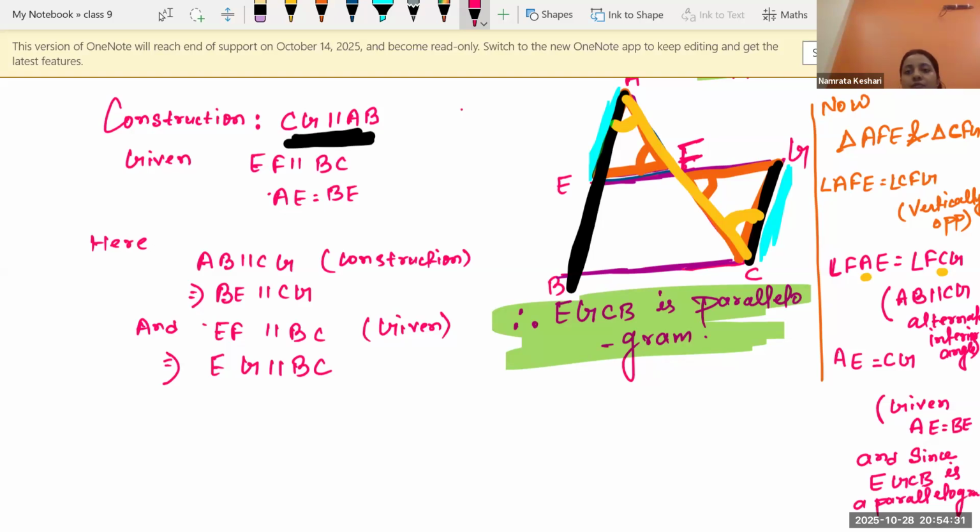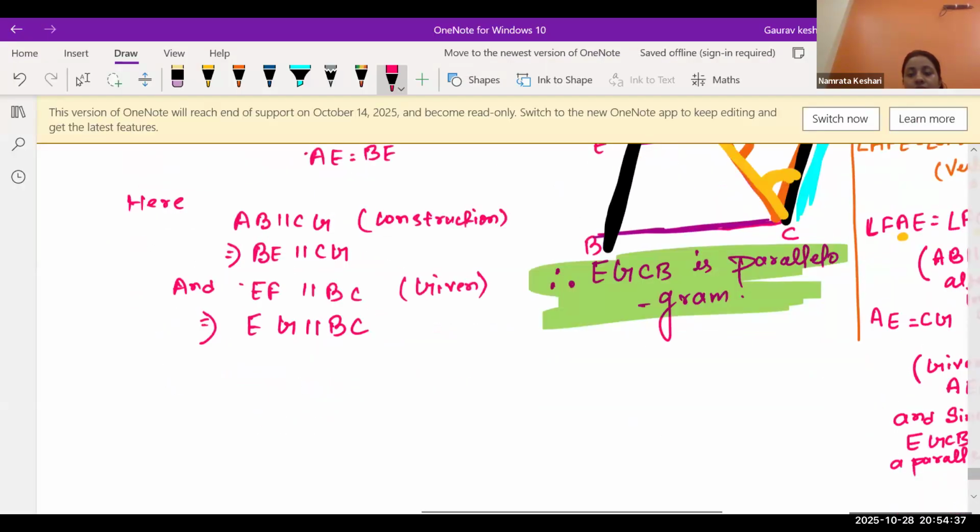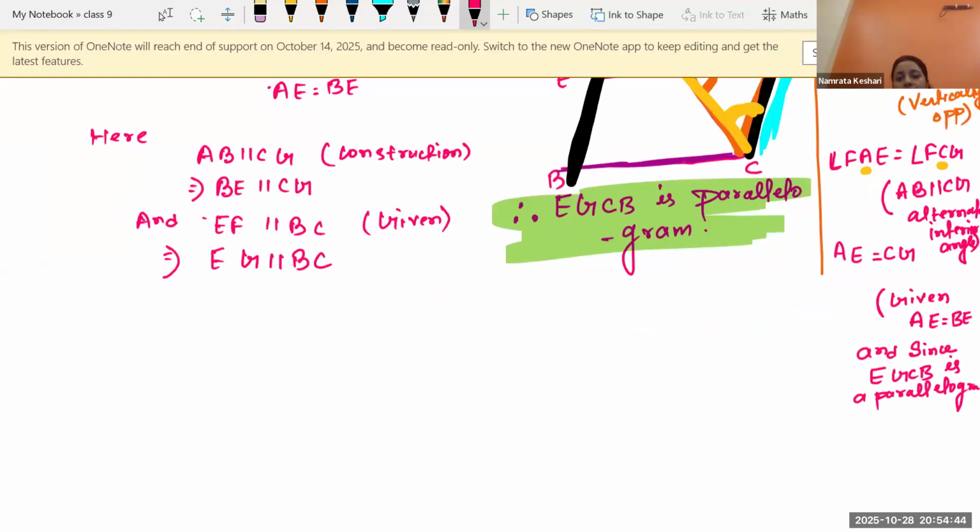Therefore, EGCB is a parallelogram, due to that this length. Okay, just a moment.